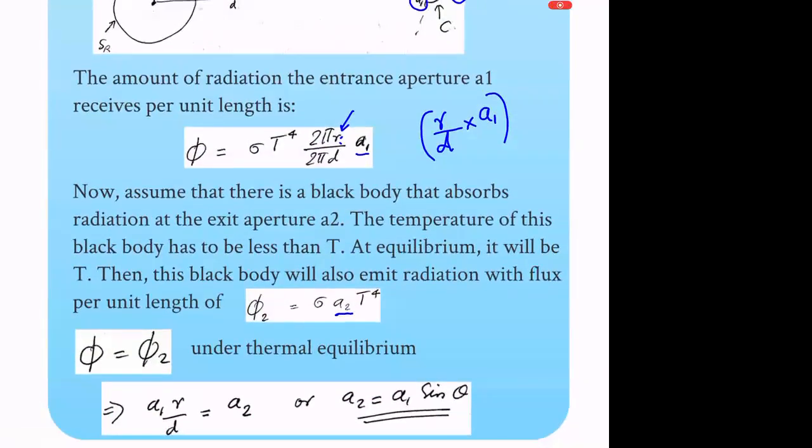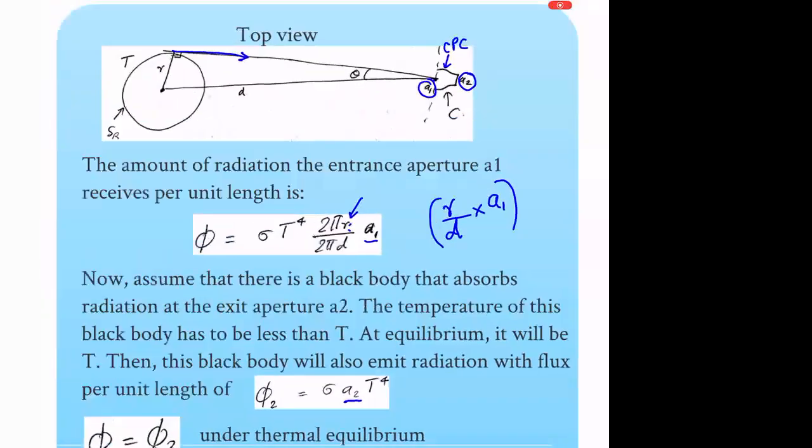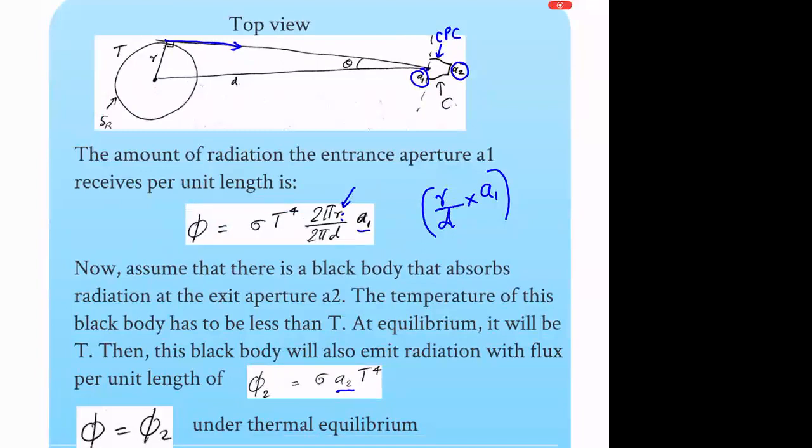Now under thermal equilibrium, let me make sure everyone is clear about what we're talking about. The solar cell at the bottom of the CPC is also a black body, right? It has some temperature, so it's also going to emit light, photons. The CPC is the system in between, and the source is also emitting photons.